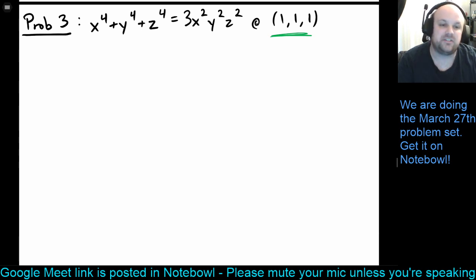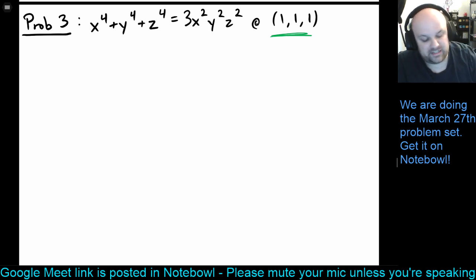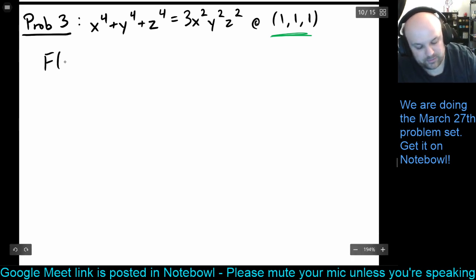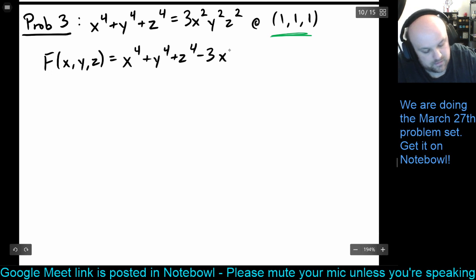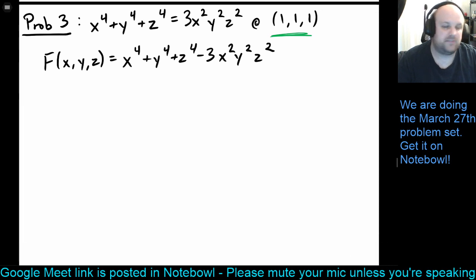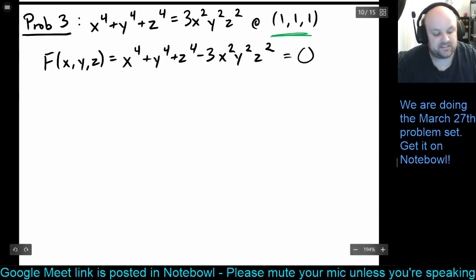We need to understand this surface as a level surface of something, so we'll shove everything to the left and call it a function.